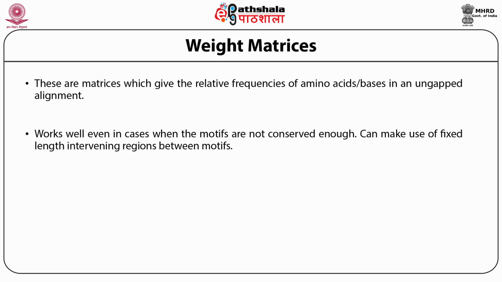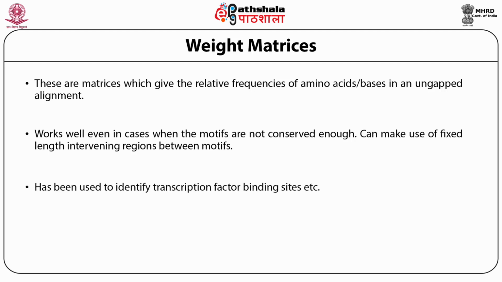But the weight matrix can, because it quantitatively takes into account not only which amino acids are present in a particular position, but what their relative proportions are. Now, the matrix, of course, is of fixed length, and intervening regions between motifs are sometimes quite useful for making matrices, etc.